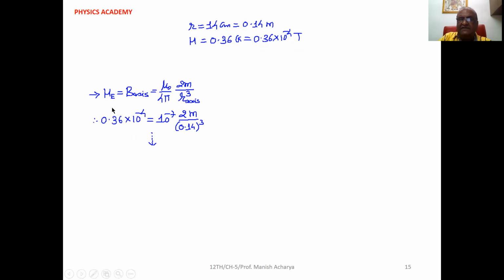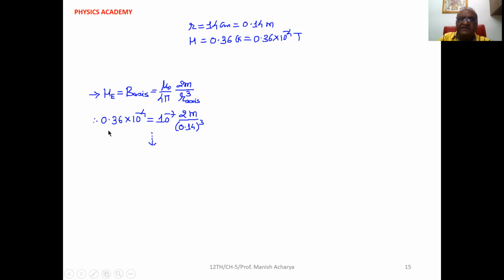It implies that the magnetic field on the axis at that point is exactly equal to Earth's magnetic field magnitude wise, and both are opposite, that we discussed in the figure. So we can write Bx is equal to mu 0 upon 4 pi 2m upon r cube, that is on axis.